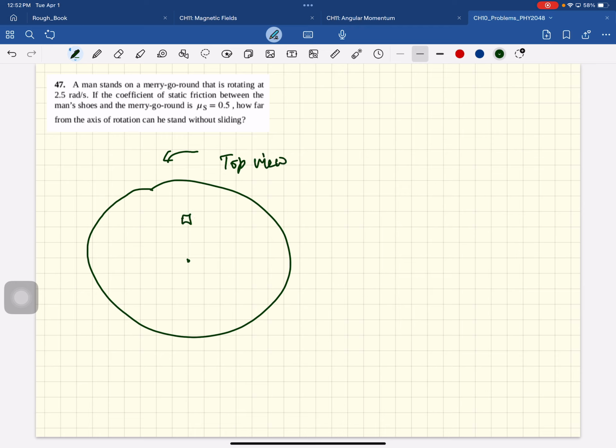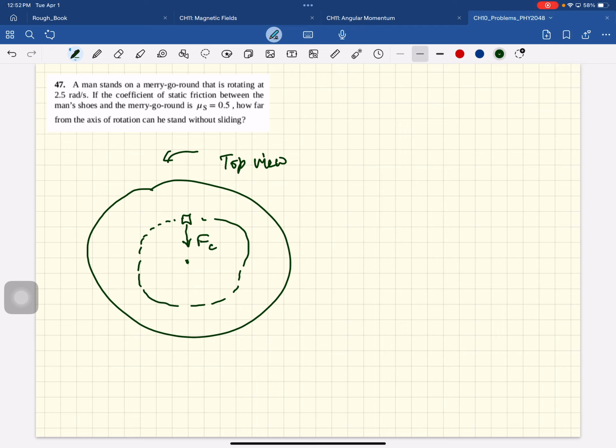Now if he were right next to the axis, he's not going in a circular path, so there's no force needed. But this guy is going in a circle as the merry-go-round rotates. And what do you need? You need a centripetal force.